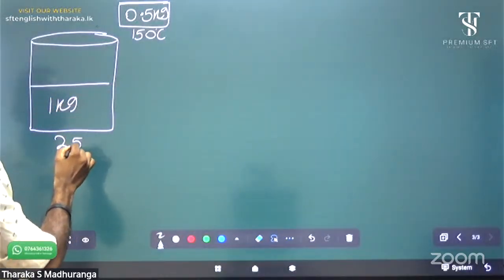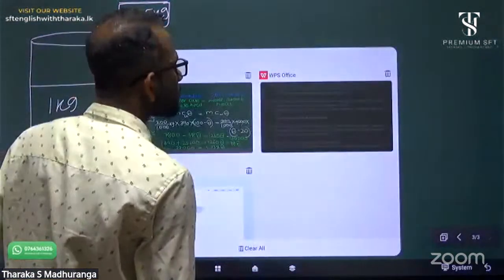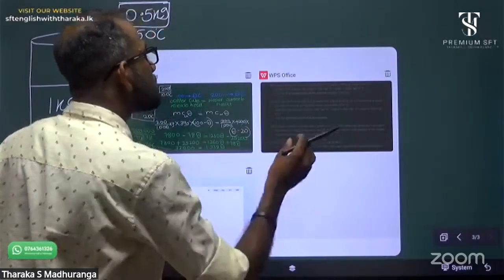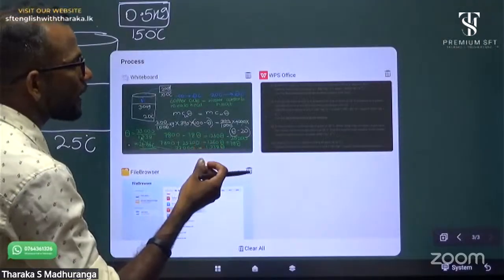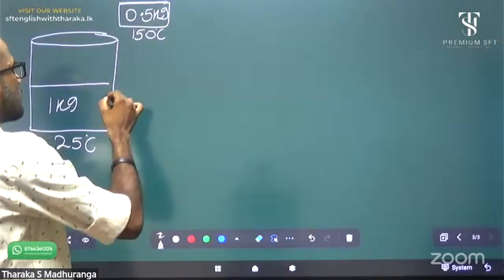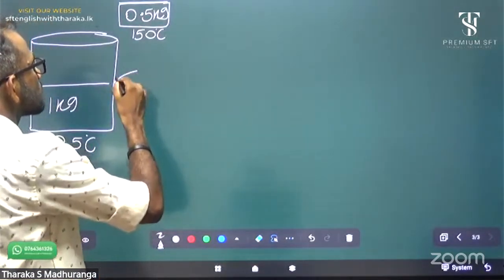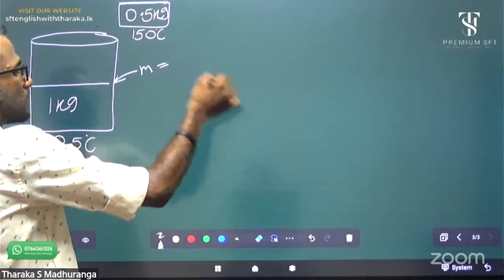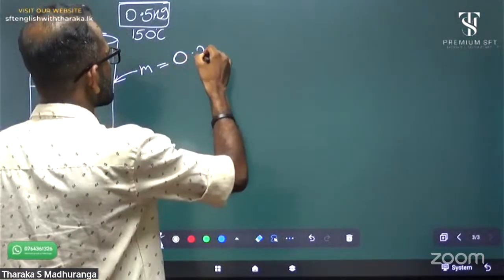Container and water are both at 25 Celsius, right? Calorimeter mass 0.2 kilogram. Calorimeter means the container, 0.2 kilogram, 200 gram, at the same temperature of 25.